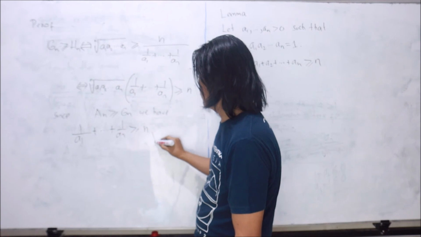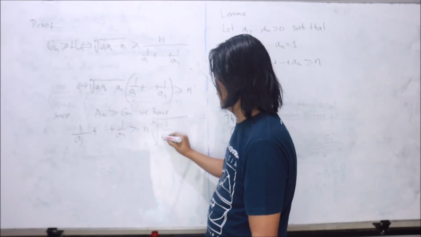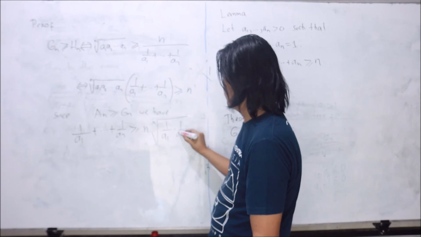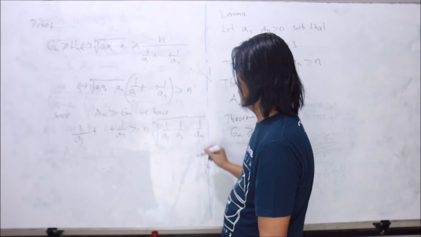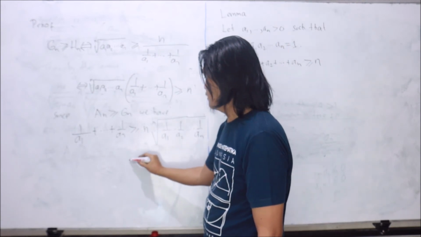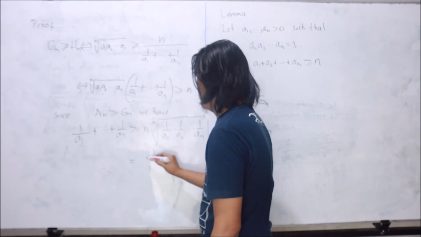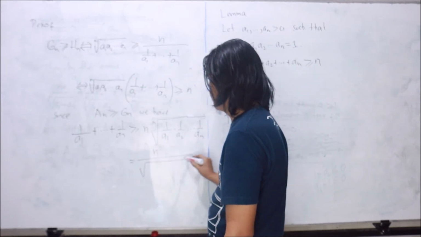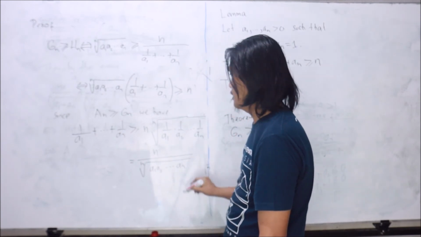N times the nth root of 1 over a1, 1 over a2, up to 1 over an. But this thing is exactly what? The nth root of a1, a2 up to an.